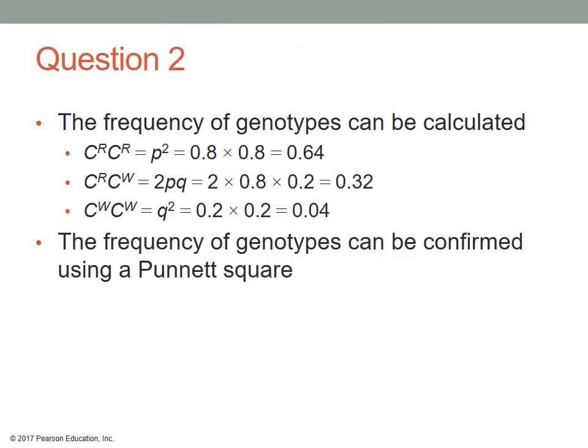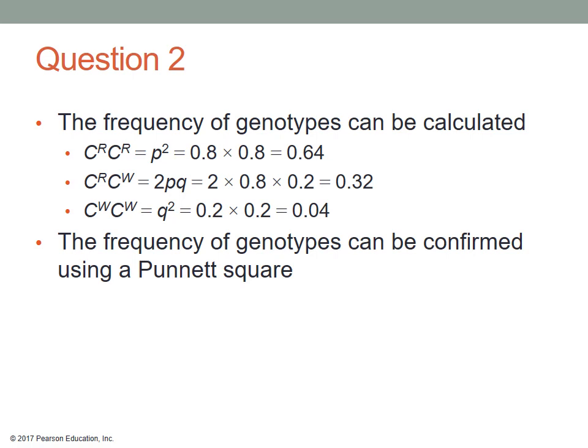So then you want to calculate, well, then what percent will be red, what percent will be pink, and what percent will be white. You do this by using the P squared, 2PQ, and Q squared. And for this, you already have the answers for P and Q. You just fill them in. 64% red, 32% pink, 4% white.